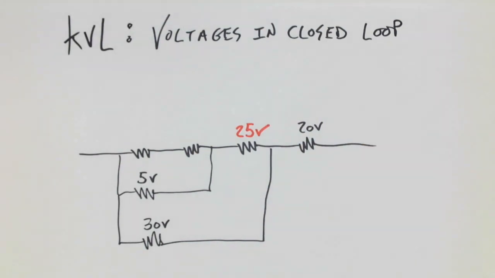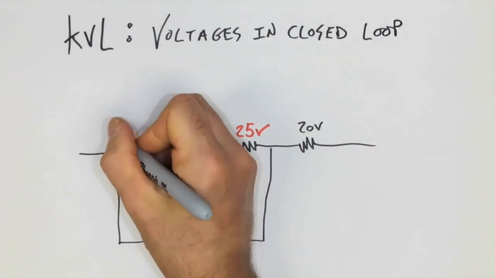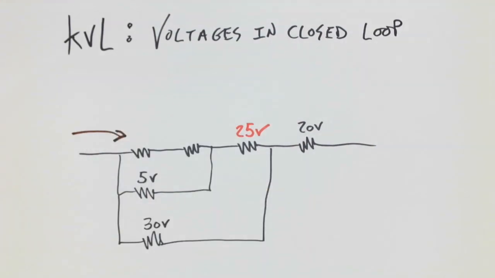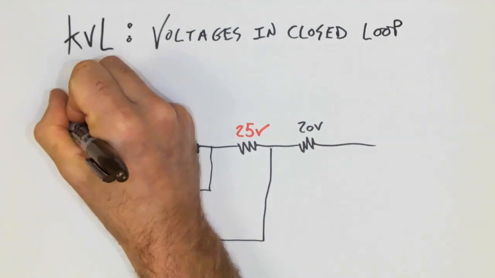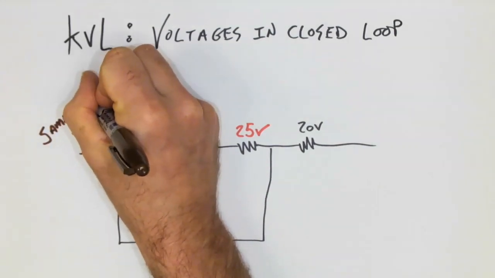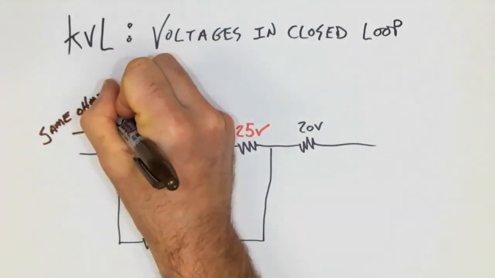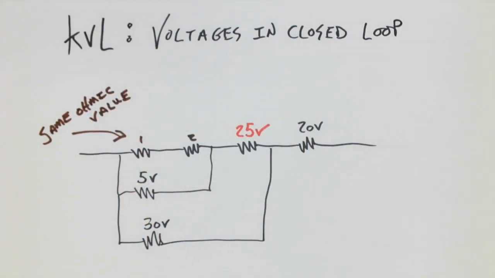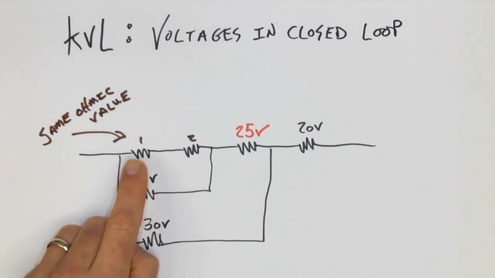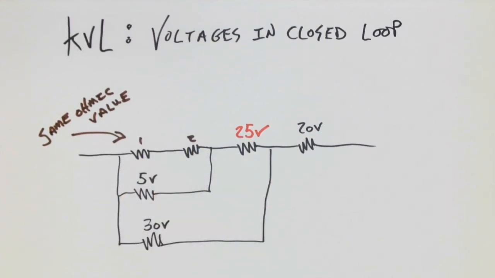Now, what about these two remaining resistors right here? What if we were to add another piece of information? Let's say they are the same ohmic value. Let's say these two resistors, resistor 1 and resistor 2, are exactly the same ohmic value. What would that mean? Well, we could work out the voltage, because if they're exactly the same ohmic value, it would mean that they have exactly the same voltage.